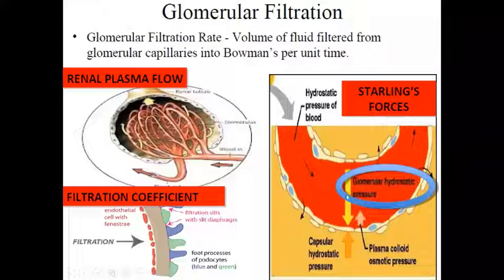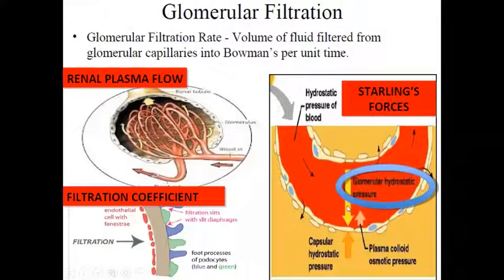This hydrostatic pressure will push the fluids to move from the capillary into the Bowman space via these cells that I've mentioned that form the barrier here. Then there are also forces opposing the hydrostatic pressure. The hydrostatic pressure is the major force that will force the fluids to move from the capillaries into the Bowman space across the filtration membrane itself. On top of that, you have other forces.